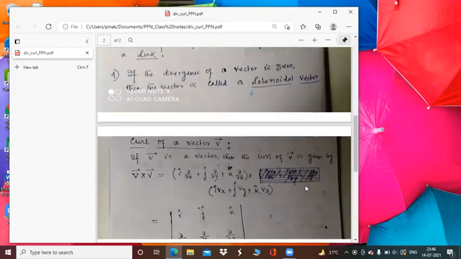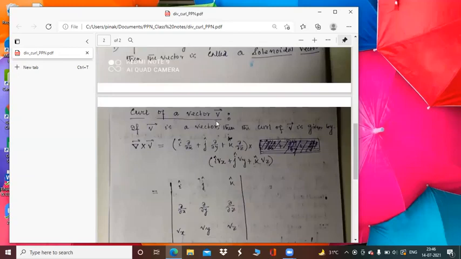Now next comes curl of a vector v bar. That means how to calculate curl of a vector. In that case, again we need to write the vector in its Cartesian component form. That is, if v bar is the vector, then we write v bar equal to i cap vx plus j cap vy plus k cap vz.